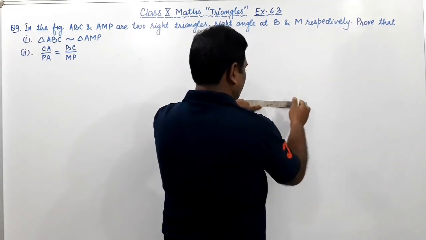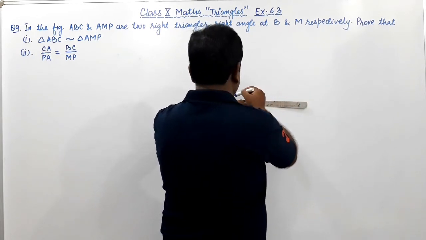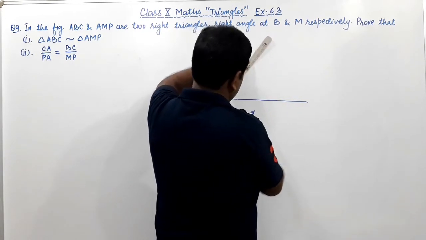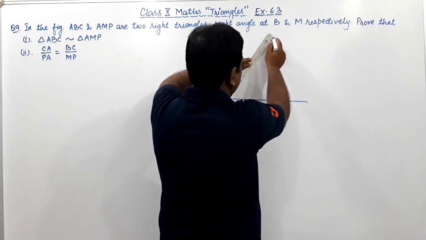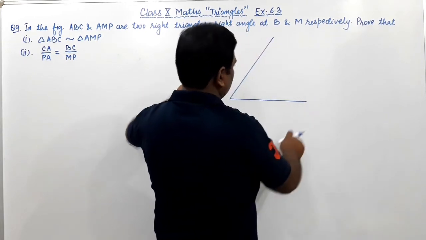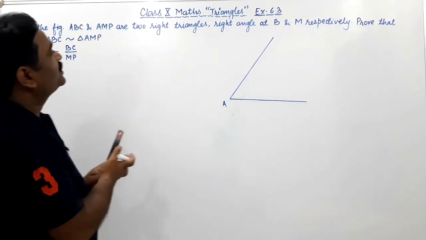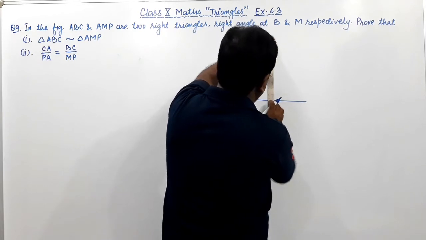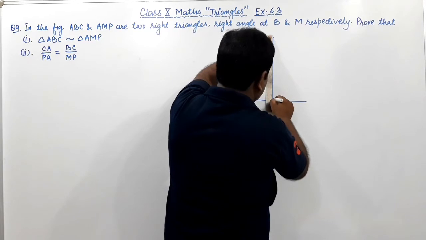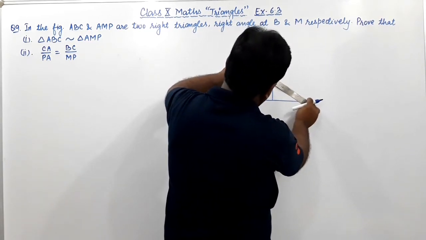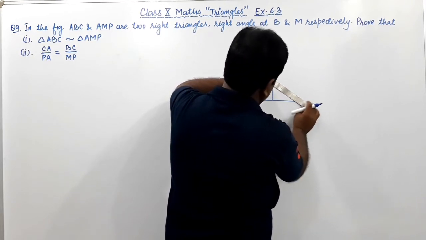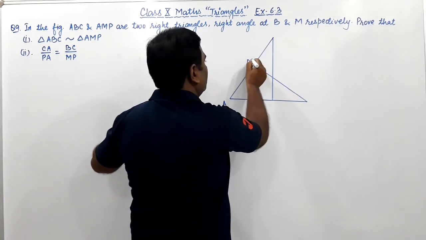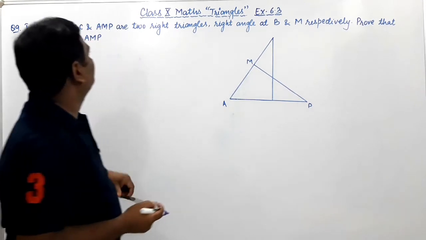Side AP, triangle ABC, side A. In this, right angle at point M and B, AMP and ABC.